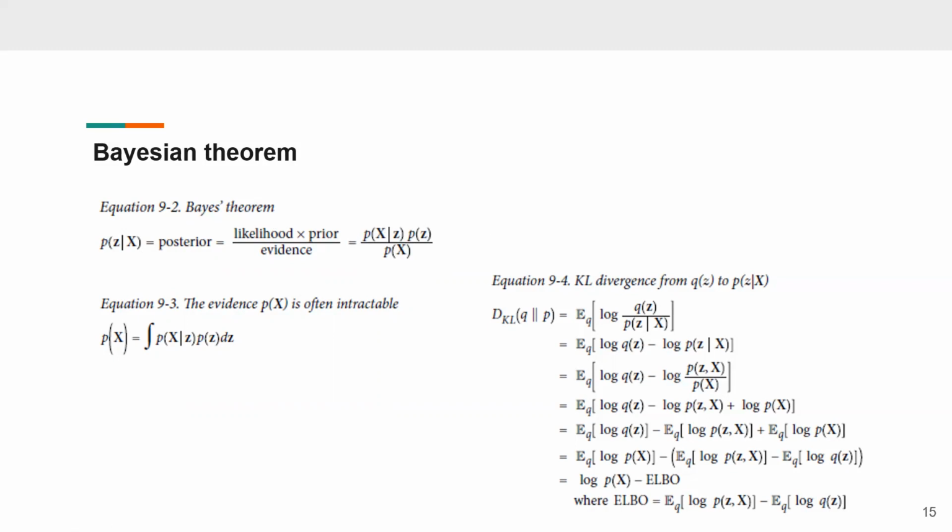So something that you already know about this Z parameter. And then it turns out that the evidence P(X) is often intractable, just because we need to do this integration among all possible Z's. So as a result, we leverage something called KL divergence. And what it does, by all this mathematical manipulation, is actually simple.